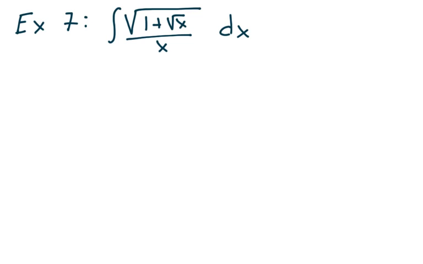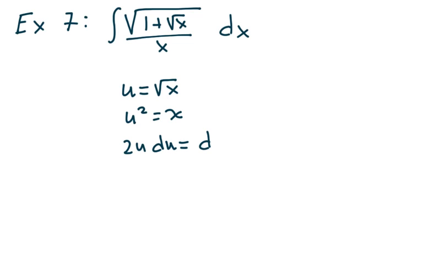Here's how I would attack this. I would let u be equal to the square root of x. So u squared is x. Okay? And then 2u du is equal to dx. And so this ends up being the square root of 1 plus u, right? Because u is the square root of x.